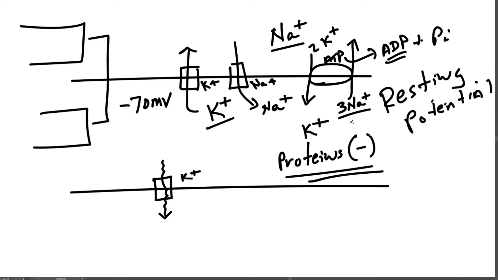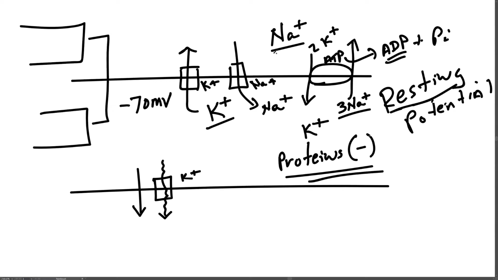So, to say that one more time, to summarize that, at rest, when the cell is not propagating an electrical action potential, there's a high concentration of protein inside the cell that holds on, that attracts positive potassium ions. Some of the potassium can be transported out of the cell through leaky potassium channels. The potassium is running down its concentration gradient from the inside of the cell to the outside of the cell.